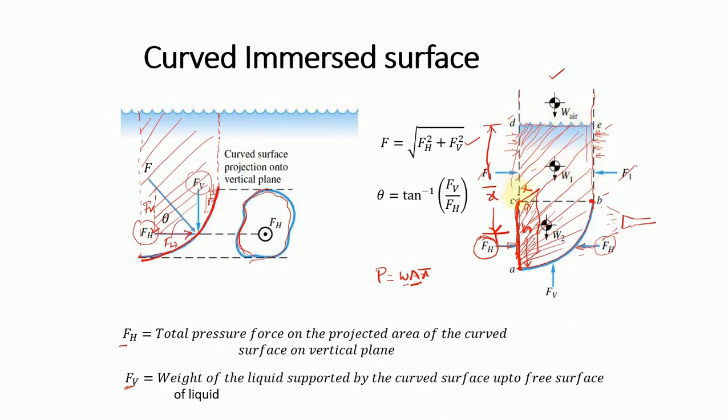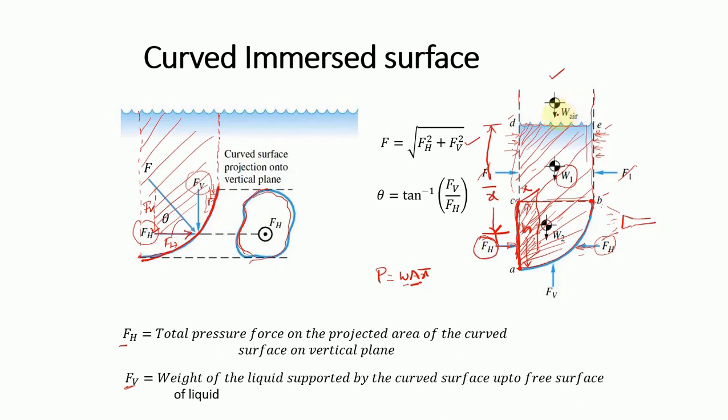Here it is marked W1, the weight of the liquid in rectangular portion BCD, and the weight of the liquid in the curved portion ABC, W2. So W1 plus W2 is equal to the vertical component of force. Here the weight of air is negligible.